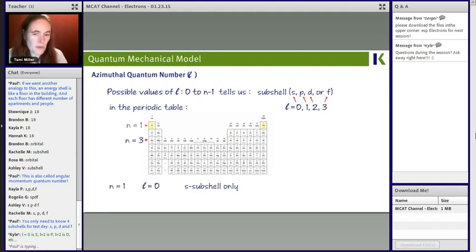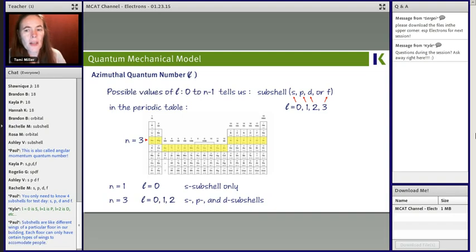Then we have n equals 2, n equals 3. Big thing here is to remember that when we hit n equals 3, we have 3s, 3p, and we also have 3d, but that 3d shows up down here a row below. So that's going to show up after the 4s and before the 4p. So remember that.